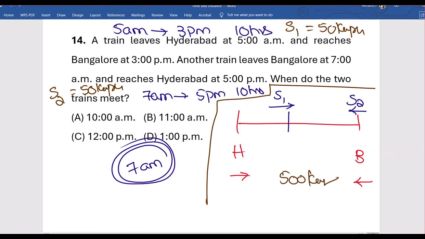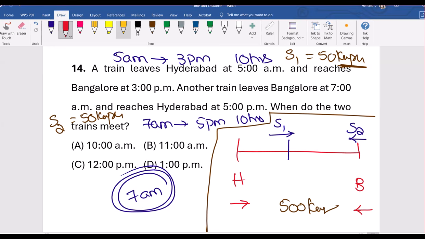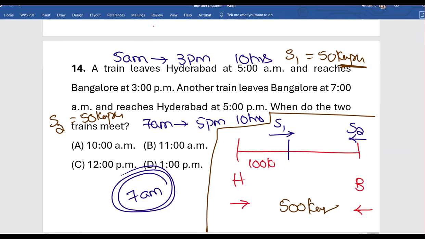First train, 50 kilometers per hour. 2 hours means it covered 100 kilometers already. Then what is the distance left over? 100 already completed. Left over is 400.